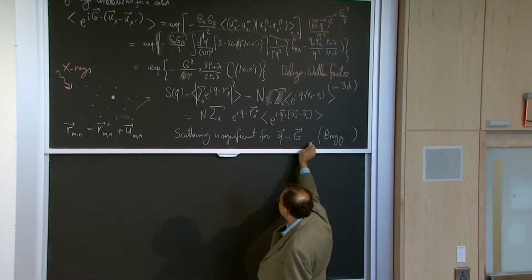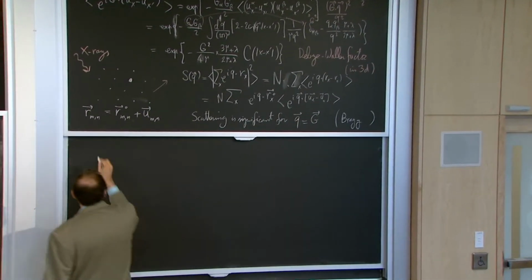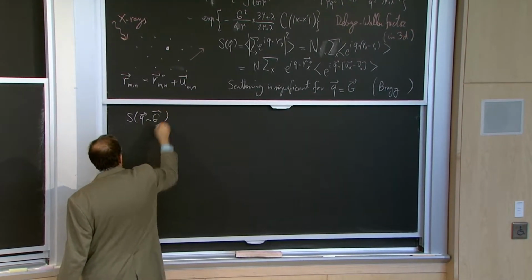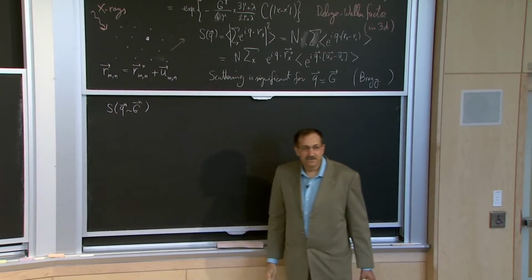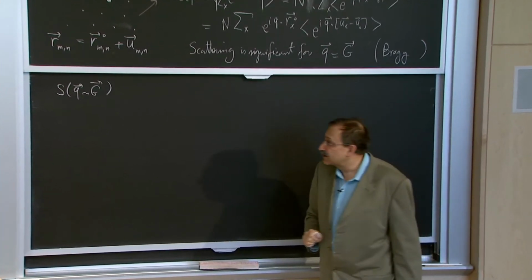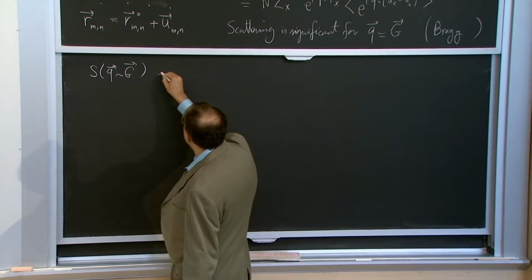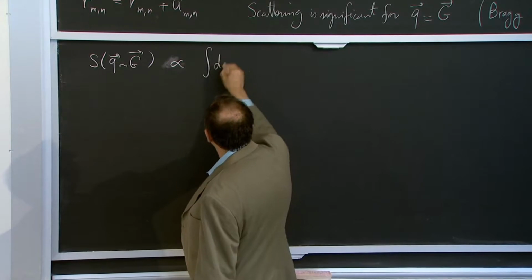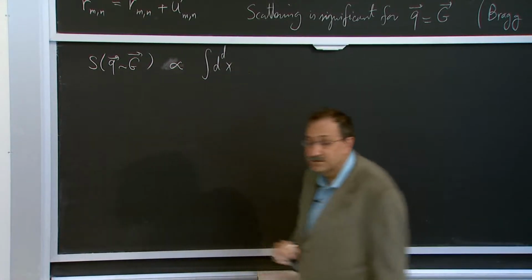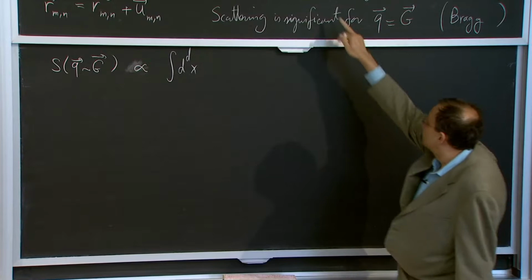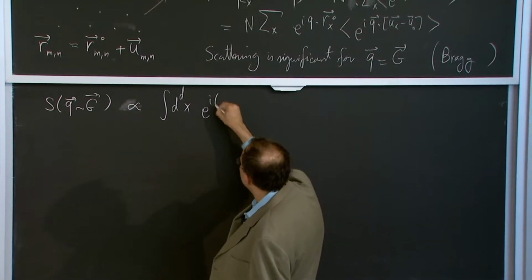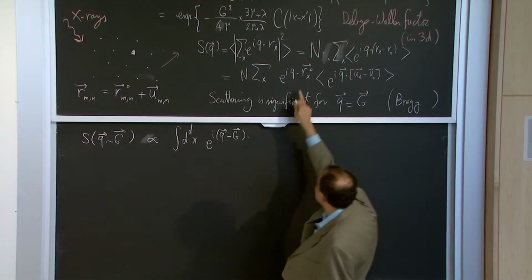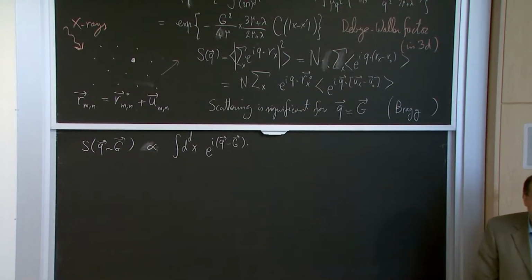So what I expect is that when I have a Q that is roughly close to G, but not necessarily sitting exactly at that point, what I would get is a scattering that is proportional to an integral over the entire lattice of something like how far I am away from the right position.